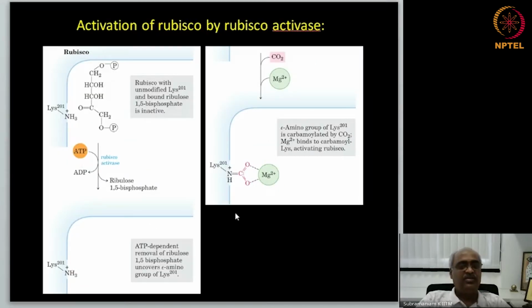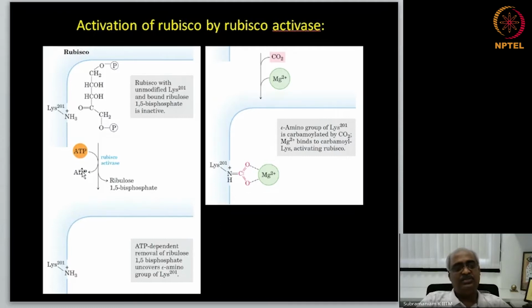All right. So one extra detail with respect to Rubisco. Normally Rubisco remains completely in an inactive form. Okay. So this is activated by an enzyme called Rubisco activase. So this is inactive primarily because it is tightly bound with the substrate, and that prevents carbamylation of this amino group of the lysine.